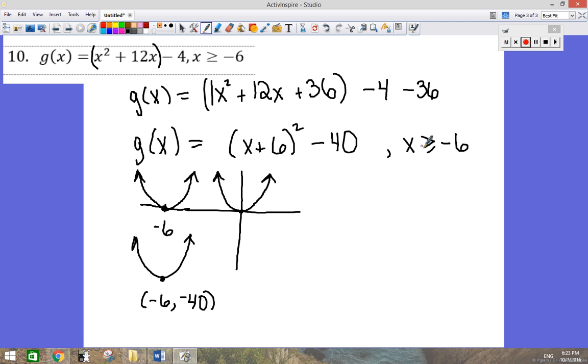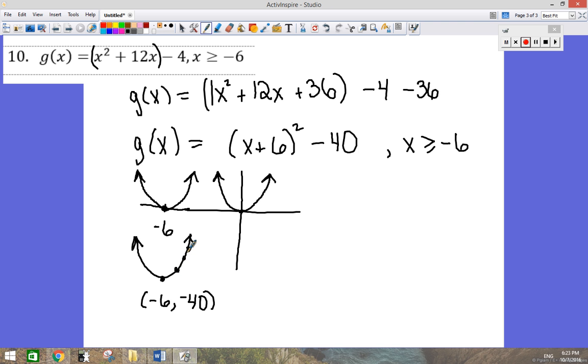Now, if I didn't have this restriction and I applied the horizontal line test, it would fail. But they have come in and said, hey, we're going to restrict this domain. We do not want the whole parabola. We only want the parabola that has x coordinates that are equal to negative 6 or larger. It's the values on the right here.